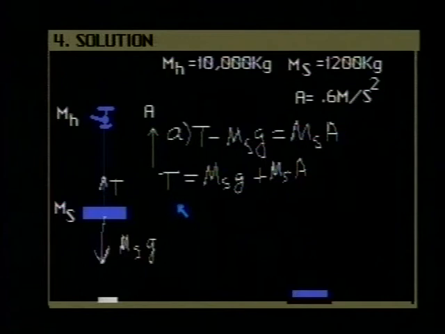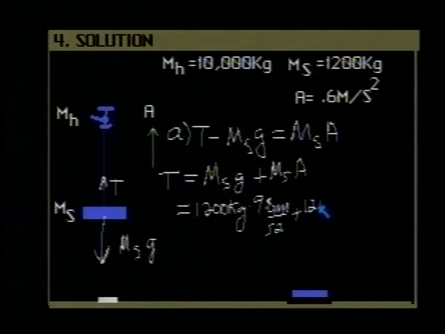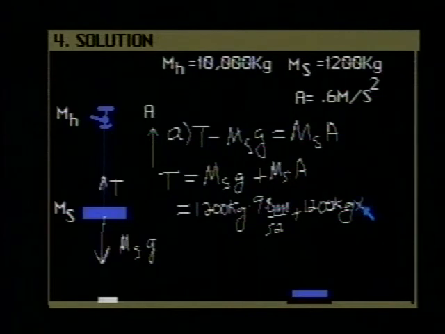or putting in their values, 1,200 kilograms multiplied by 9.8 meters per second squared, plus 1,200 kilograms again times 0.6 meters per second squared.